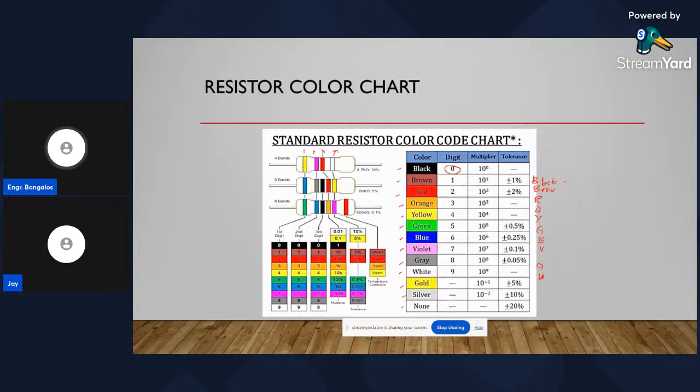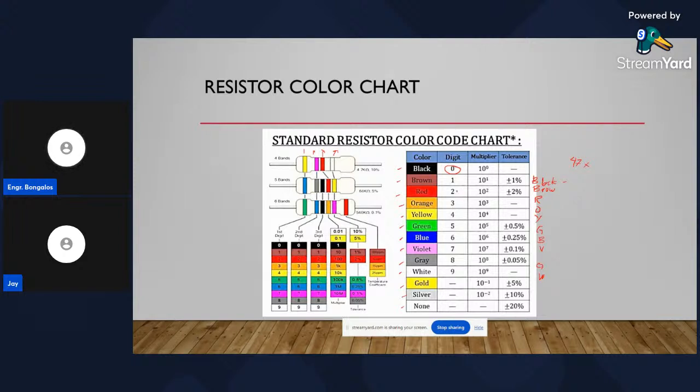So for example, sa case na 'to, 'di ba yellow? So yellow, so meron tayong 4, first digit. Then sunod niya is violet, so meron tayong 7, tapos multiplier, meron siyang multiplier na red.